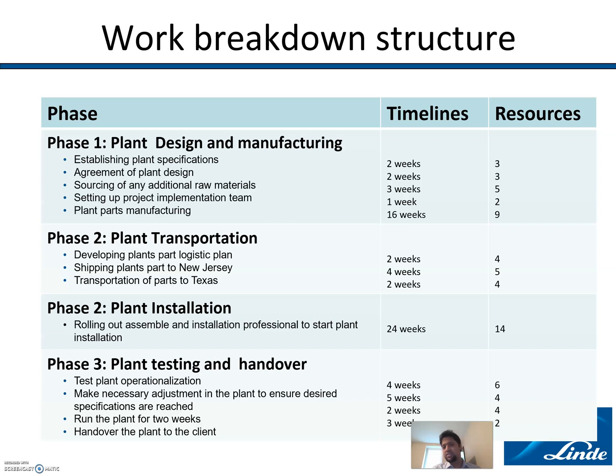This phase is going to act as a quality check before we hand over to the client. For the test for plant operationalization, make necessary adjustments in the plant to ensure desired specifications are reached. Run the plant for 2 weeks. After that, we can safely hand over the plant to the client.